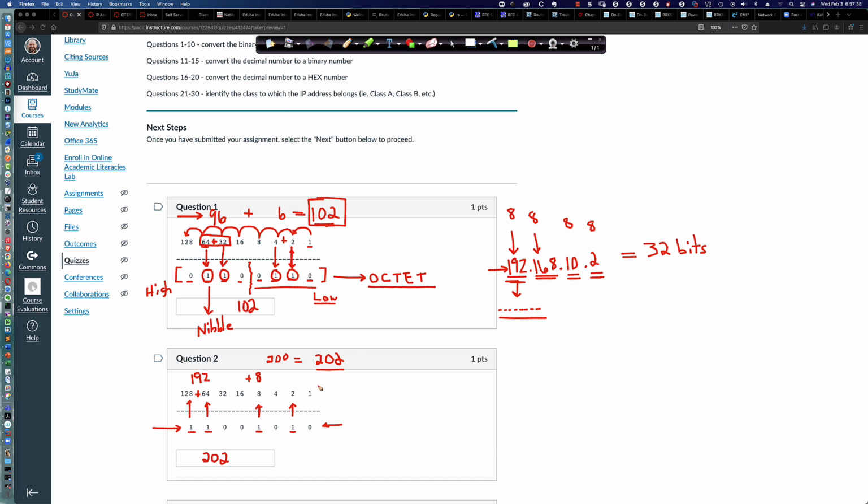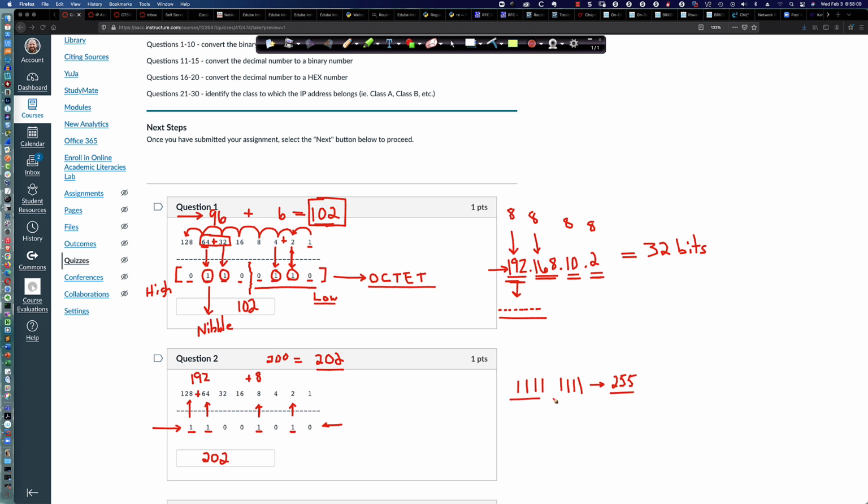Now, there's 2 values that are the easiest values that you will ever work with when converting from binary to decimal. And that is the value where all 8 bits, the high order 4 bits and then the low order 4 bits, are all on. And that value is the highest value that we can see in an IPv4 scenario, which would be 255.